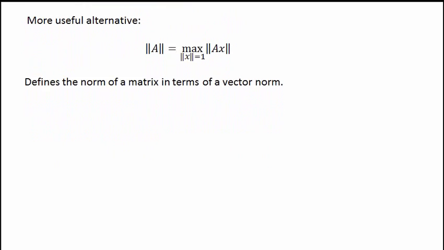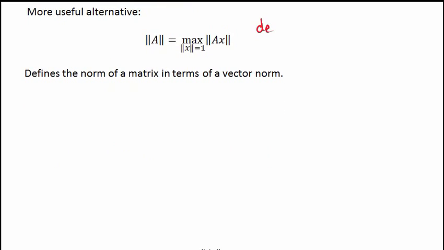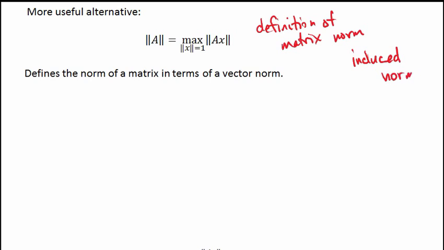So here's a definition of the matrix norm. The matrix norm of A is the maximum over all unit vectors of the norm of AX. This is often called an induced matrix norm because it's induced by a vector norm.